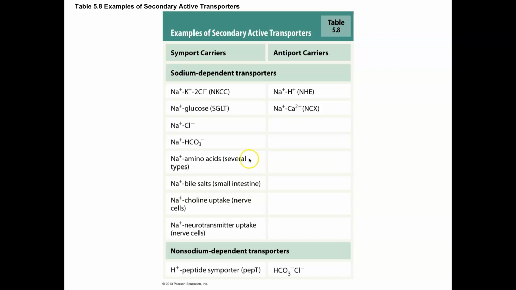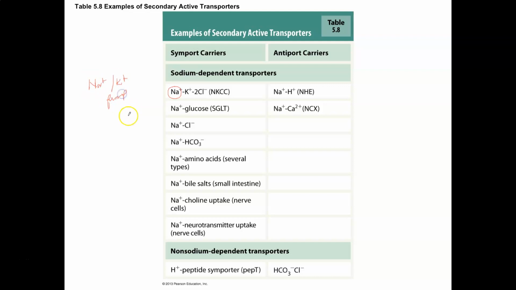What you'll notice from this particular table is that a lot of these secondary active transporters are sodium dependent. So they use the sodium concentration gradient, which is maintained by the sodium-potassium pump.